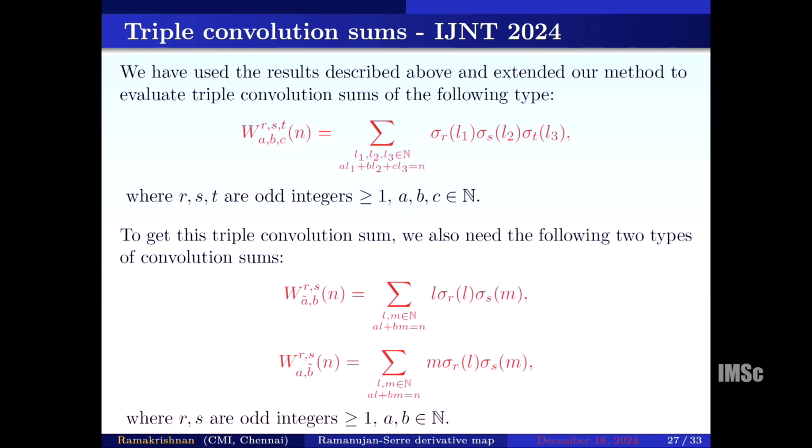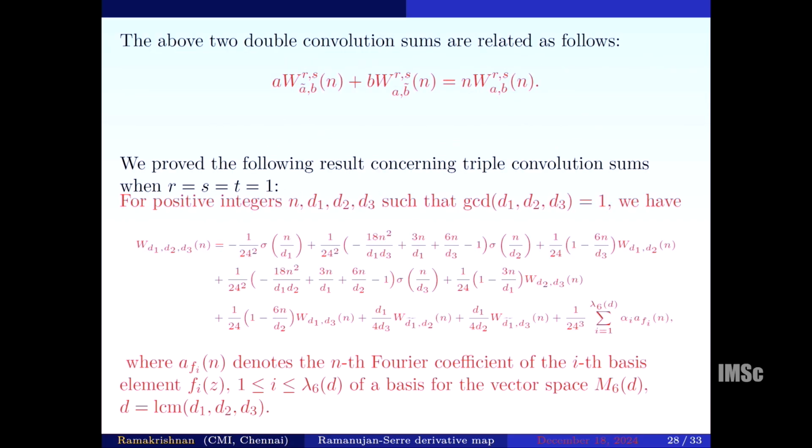Therefore, the second part is taking the derivative, and the first part is also taking the derivative. To simplify the notation, I write like this. These two sums have the following relation involving the W AB sum. When you take A tilde and B tilde, putting A and B together gives you the W AB R S M. So this is a nice relation between them.